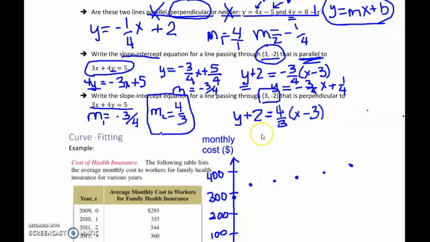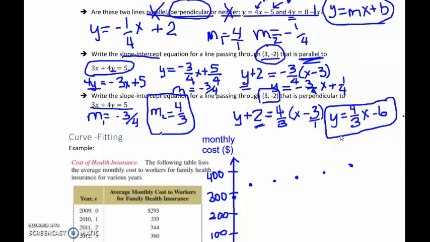I'm just going to go through those steps all in one step, but if you need to write out the intermediate steps, that's fine. Distributing 4/3 times x, and then I take 4/3 times -3. Notice the 3 would be 3/1, so the 3's cancel and I get -4, but I'm also subtracting 2 from each side, so altogether I have -6. So here is the answer to the second question.